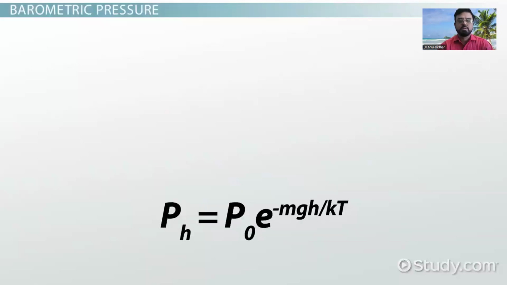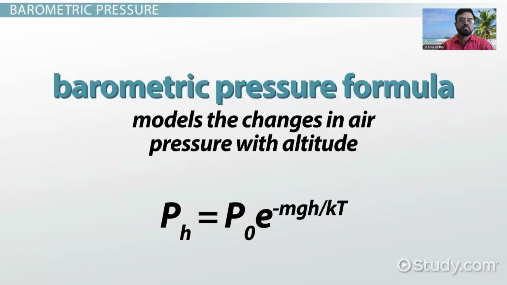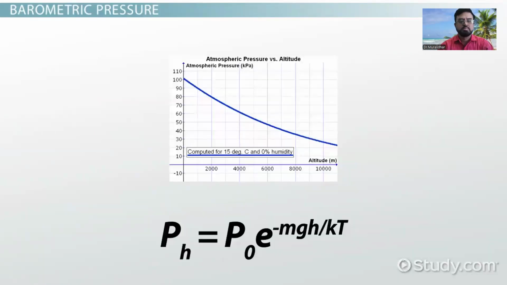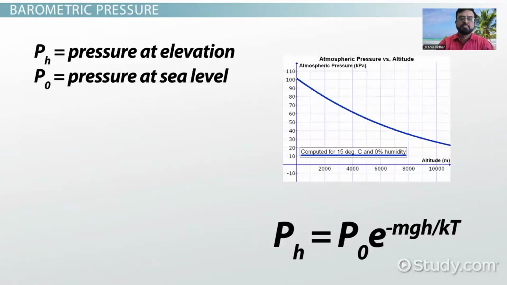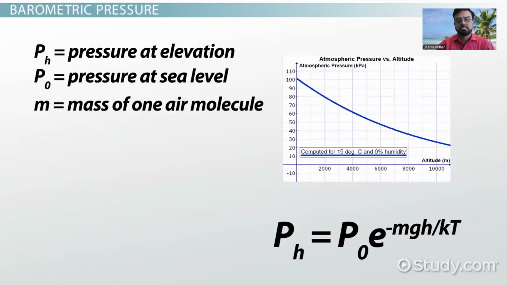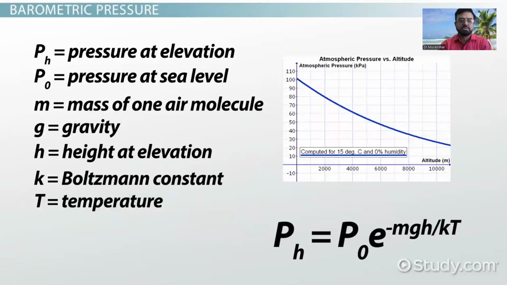To incorporate all of the changes that occur with changes in altitude, the barometric pressure equation models the changes in air pressure with altitude. The barometric pressure equation is as follows, where P sub H is the pressure at elevation, P sub 0 is the pressure at sea level, M is the mass of one air molecule, G is gravity, H is the height at elevation, K is the Boltzmann constant, and T is the temperature.